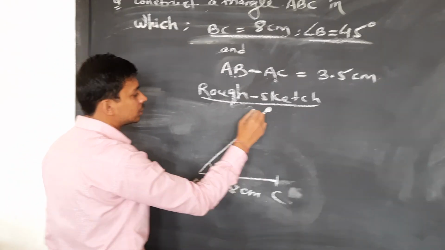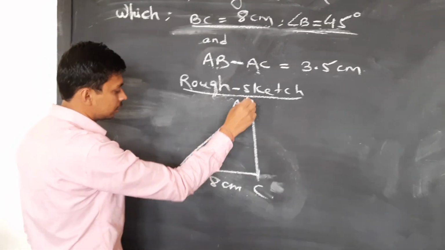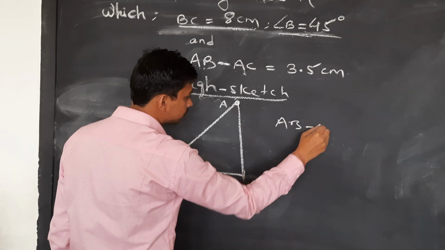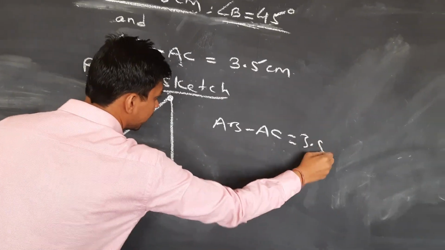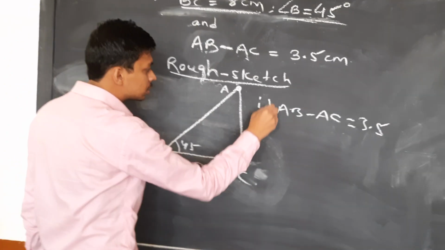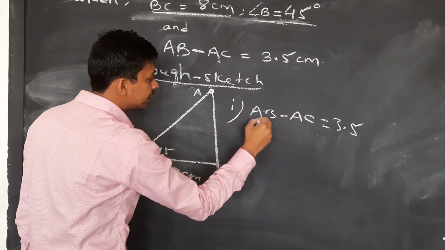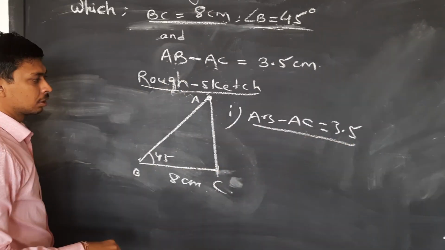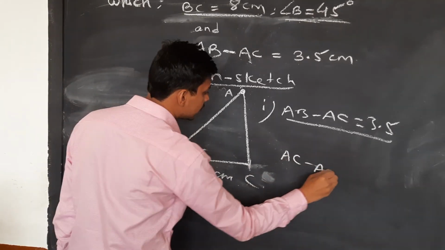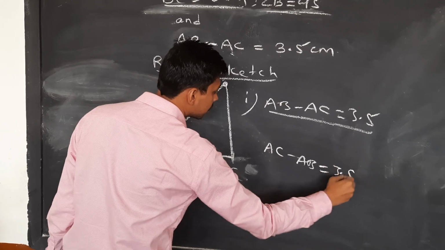If suppose I take this point as A and this AB minus AC is 3.5. This is the first variety of the difference question. Other variety could be AC minus AB is 3.5.